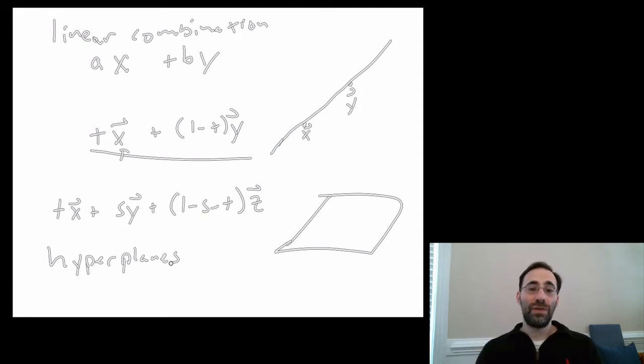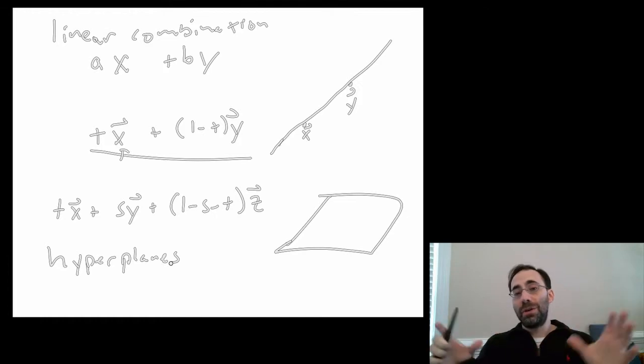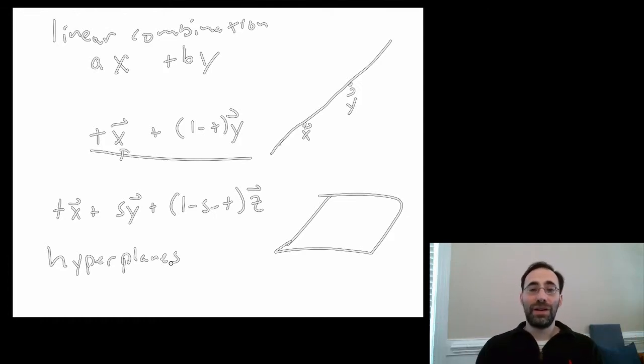Here a plane has 1 fewer dimension than 3-dimensional space. A 3-dimensional hyperplane has 1 fewer dimension than a 4-dimensional space, and so on. You see this rarely, but you do see this sometimes in proofs that come up in social choice theory when trying to figure out how spaces of preferences operate. So if you see that term there, you know what it means now. It just means a space of 1 fewer dimension than the space it's embedded in.